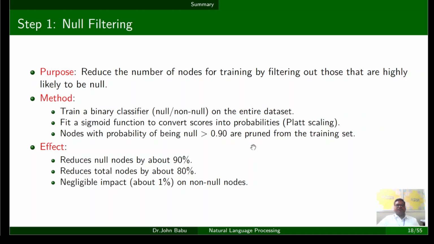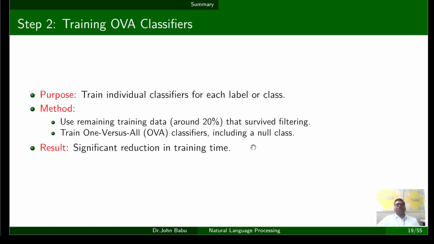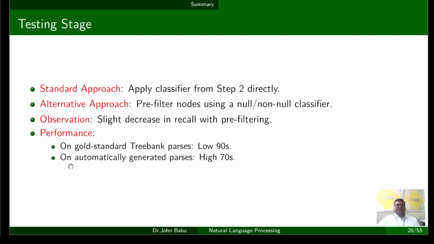So this is one filtering step to improve the performance. Secondly, the training, where we train the classifiers with the data provided. Then the testing stage, where we test the given data.